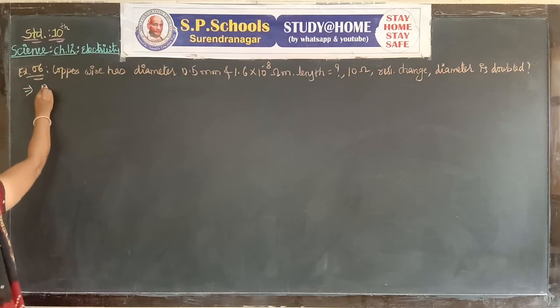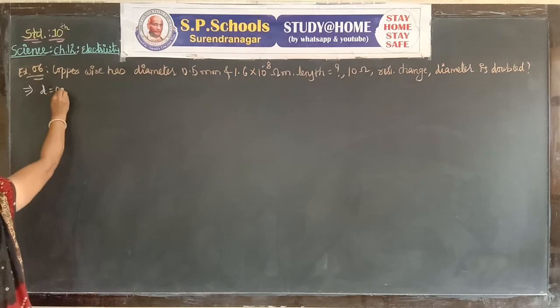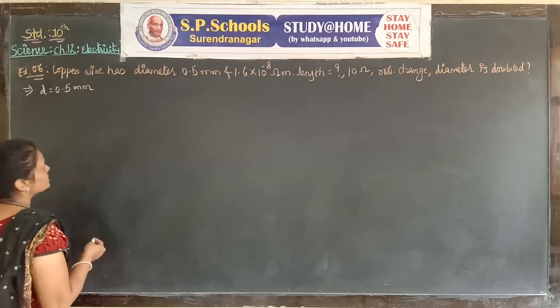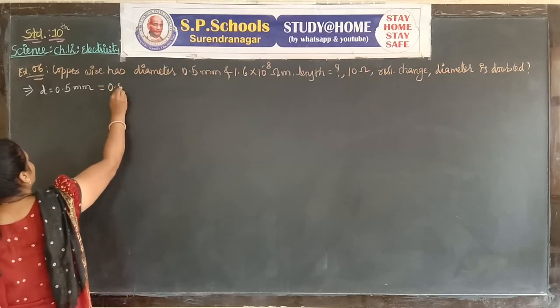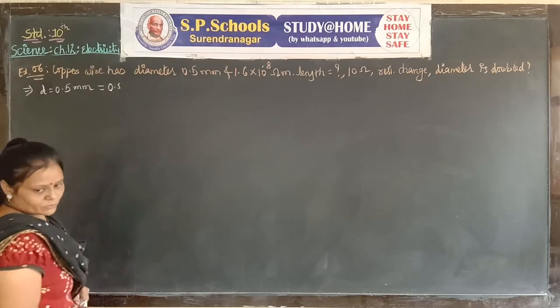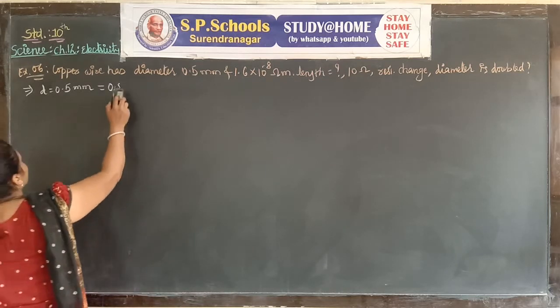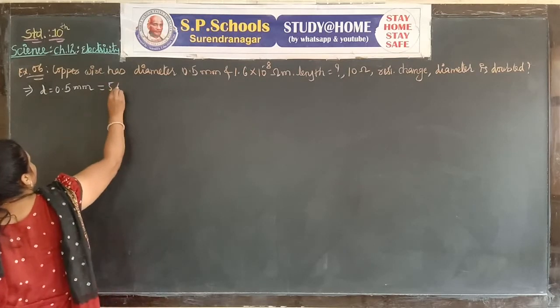So small d is 0.5 millimeter. We converted it into meters, so we have 5 into 10 raised to minus 4 meter.